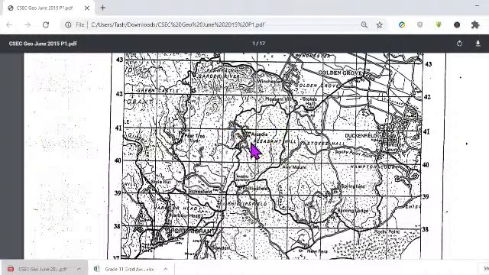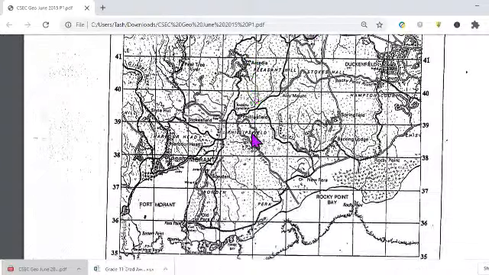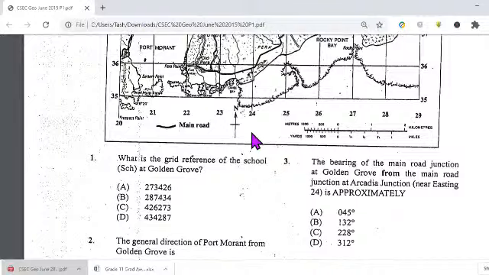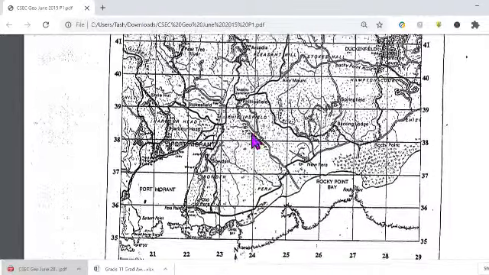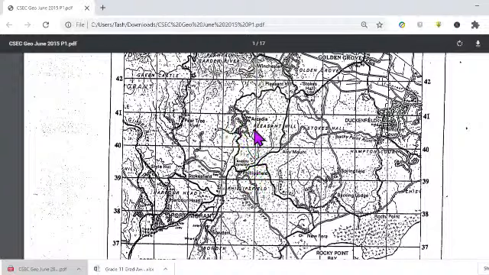Arcadia is over this side, and it is asking for the bearing. All right, so since we are starting from Arcadia, which is here, we would have connected our point to the junction at Golden Grove up here.